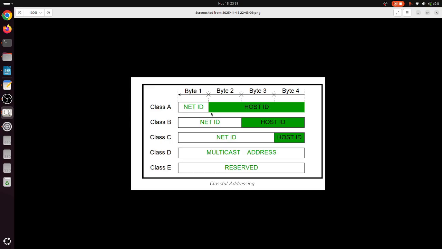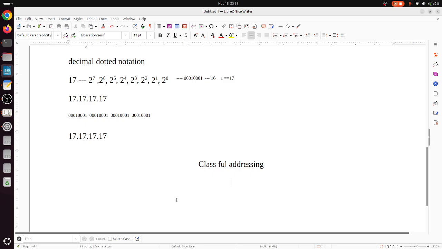There cannot be a combination like host plus net. The structure should be network plus host. Host plus net is impossible and not correct.